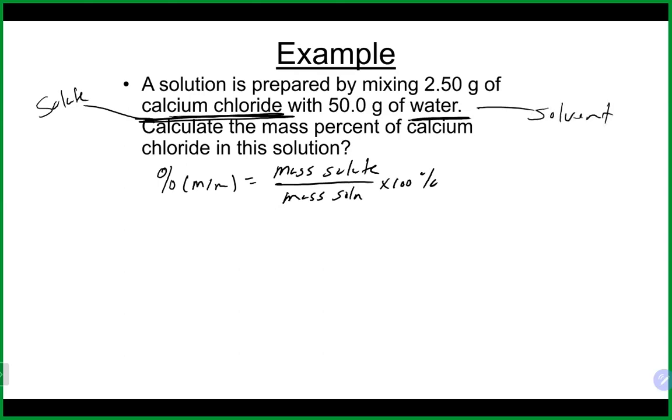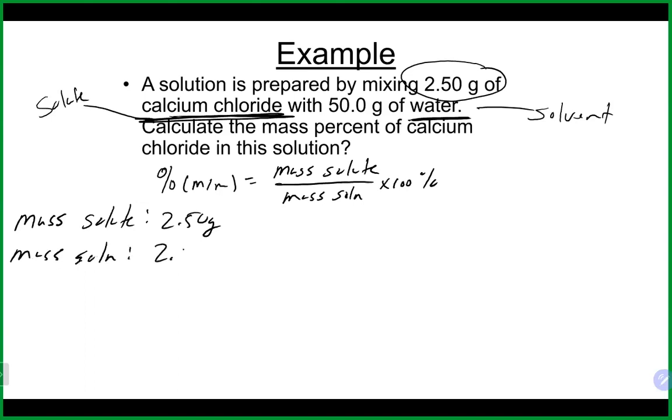Again, like I mentioned, everything is given to you separate from each other. So we do have the mass of the solute, which is the 2.50 grams. The mass of the solution, once again, is both the solute, which is 2.50, plus our solvent in this case, and that actually gives us 52.5 grams. If you divide by 50, you only got the solvent.